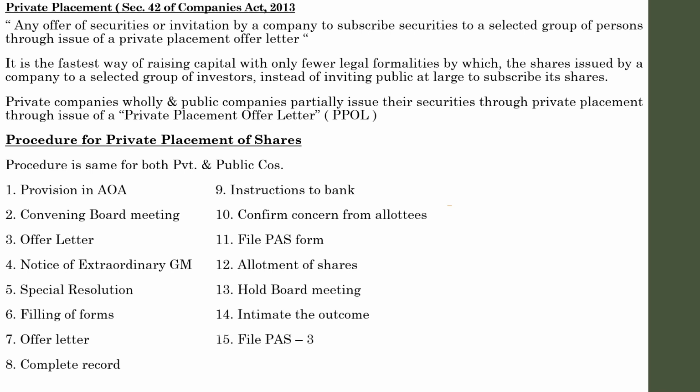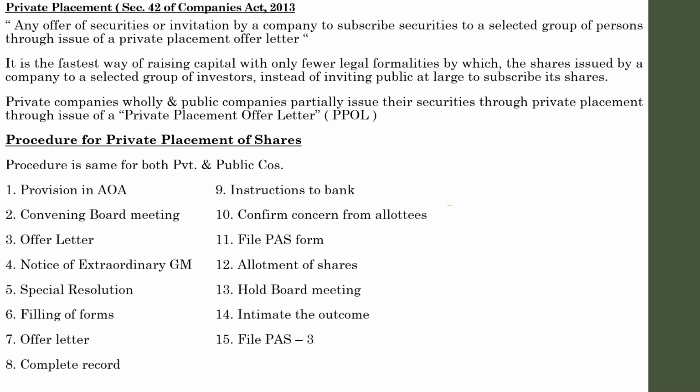Once it is done, file PAS3. PAS3 means Prospectus and Allotment of Securities Form 3 with the Registrar of Companies within 15 days of allotment. PAS3 is filled or prepared once the necessary intimation has been given to the allottees regarding how many shares have been allotted to certain individuals.